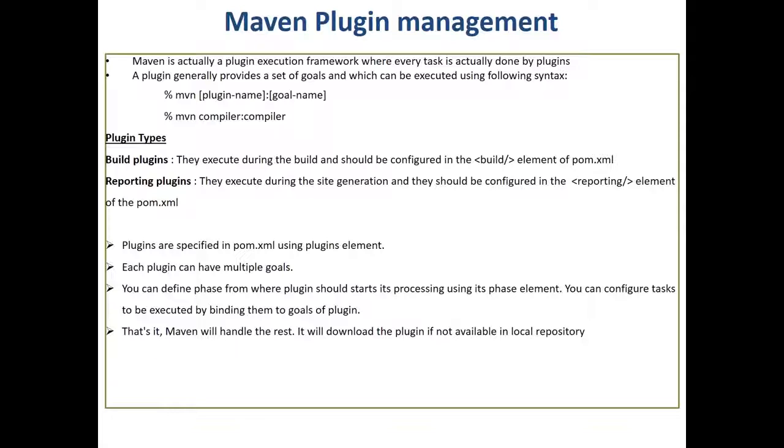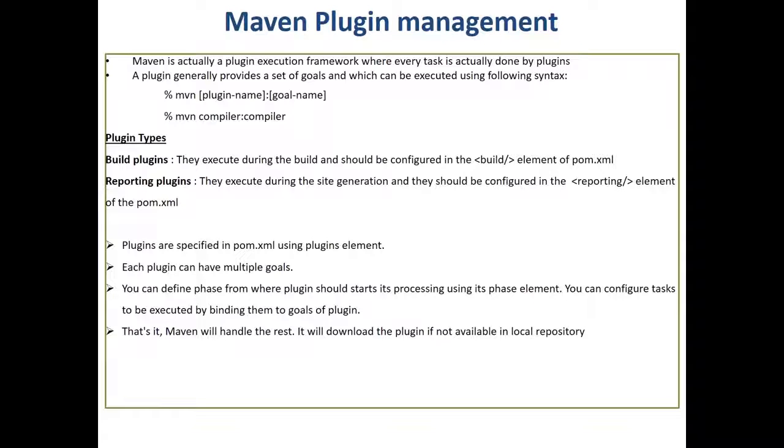So if you look, there are basically two types of plugins in Maven. So what are the two types of plugin? The plugin can basically be classified into build plugin and reporting plugin. A build plugin is a set of plugins using which you will be doing a build activity.